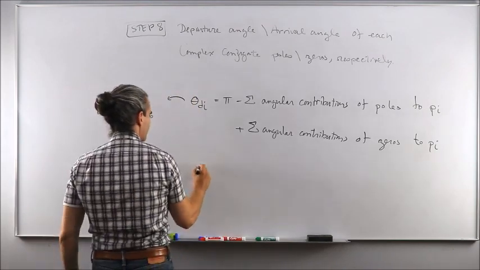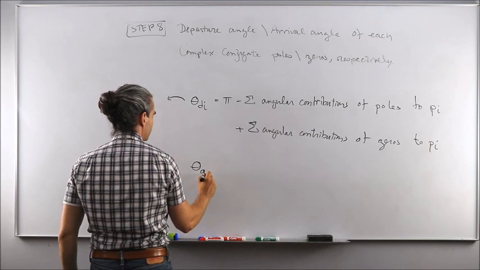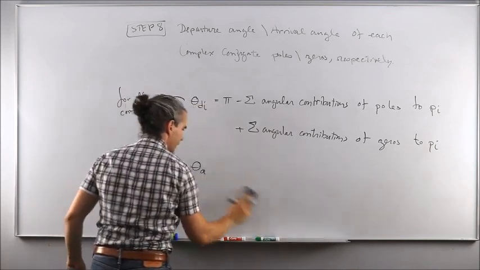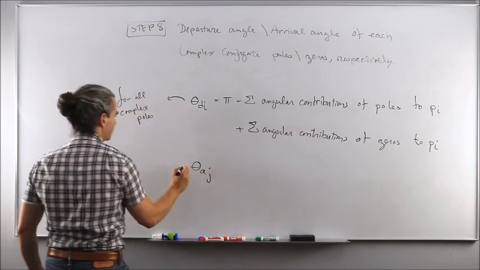And then you need also to calculate the arrival angle for a given zero.